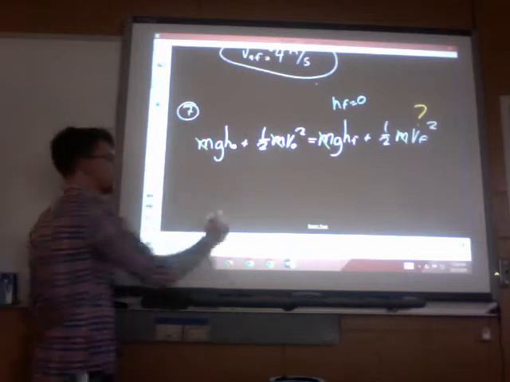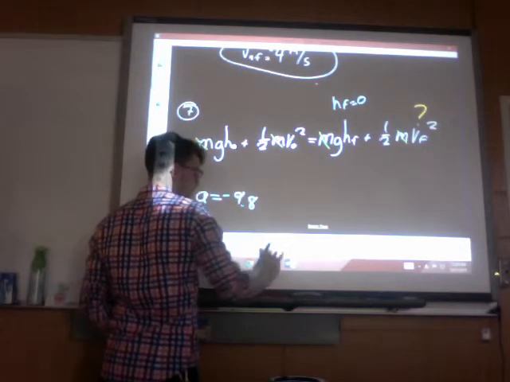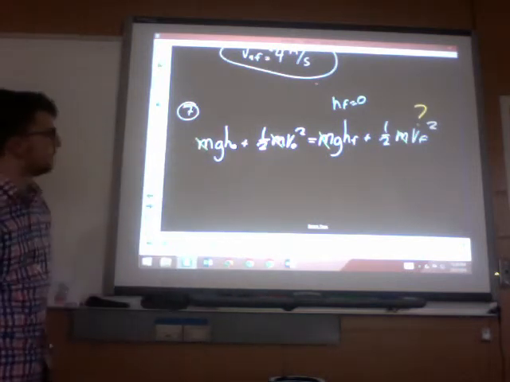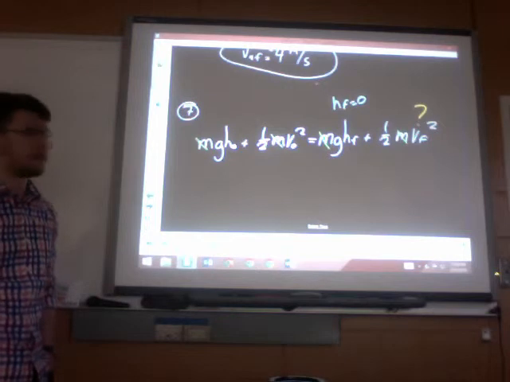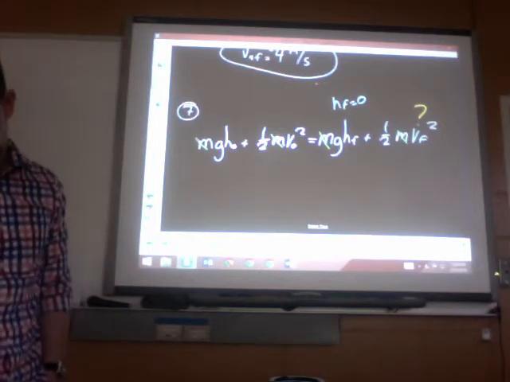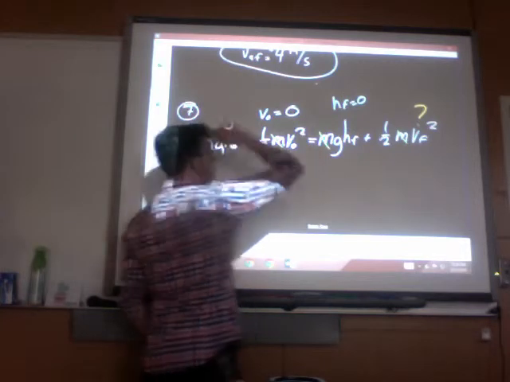Sometimes we have equations where we use A is negative 9.8, but if it's written as G, then it's positive. There's another 0 though. VO. Why? It's dropped. The initial is 0 because it's dropped.